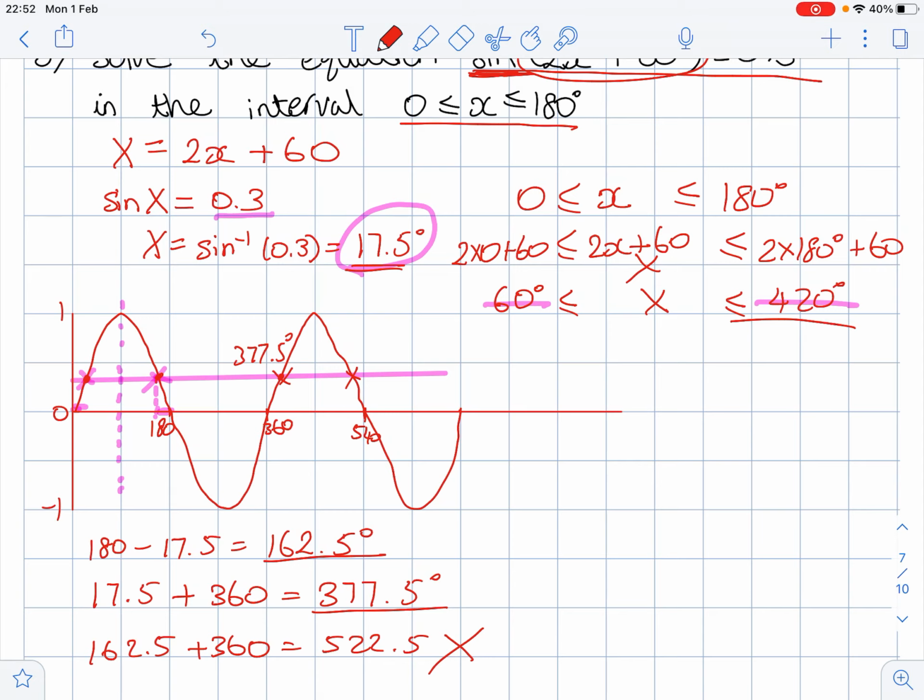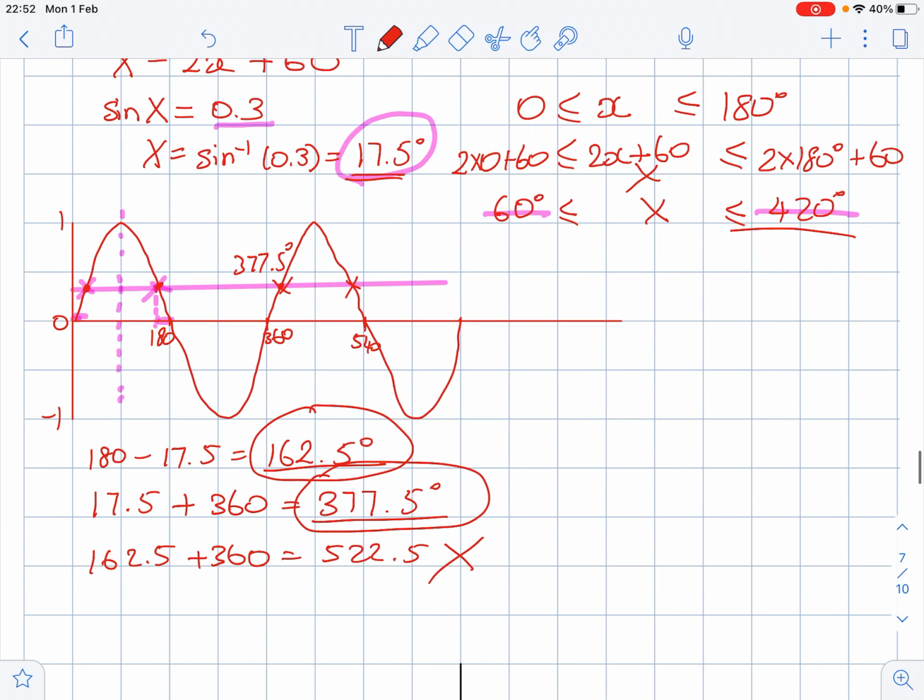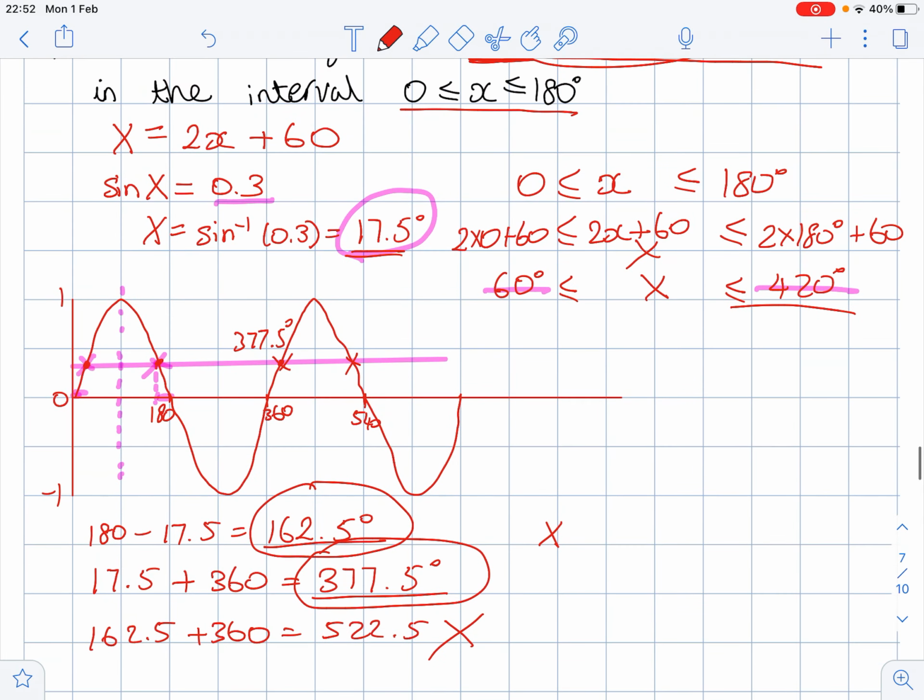So in this range, from 60 to 420, I only have 2 solutions. So my X could only equal 162.5 or 377.5.